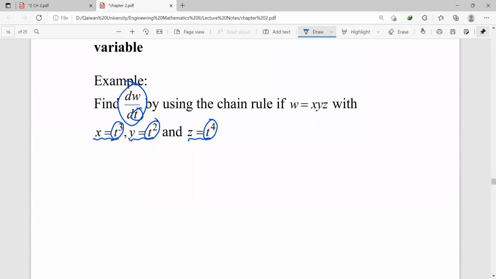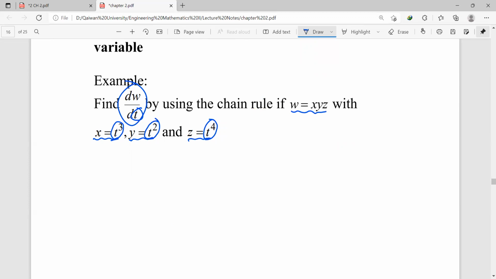And here we have given a function of w, which is a function of x, y, and z. And we should find the derivative of w with respect to t. But in the function of w, we have no t. We have only the intermediate variables, which are x, y, and z. Each of these intermediate variables is a function of t. That means we have only one independent variable.